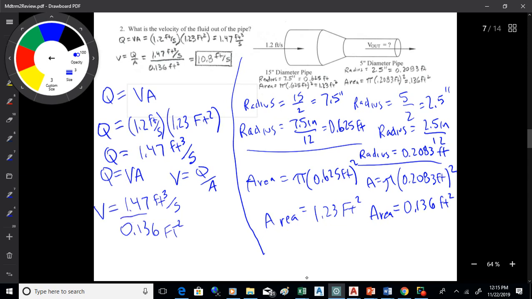If you do that, you'll come up with the velocity out, and it's 10.8 feet per second. So that's the standard way to work through that.